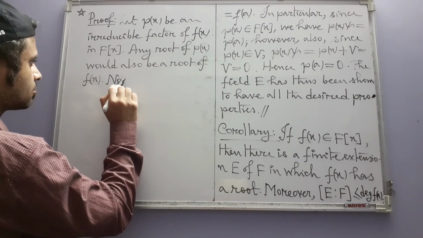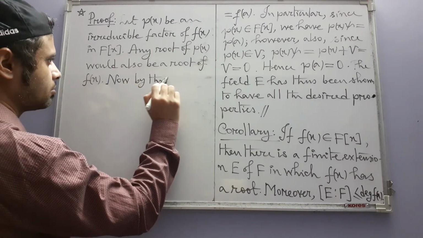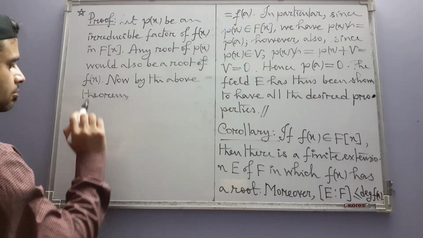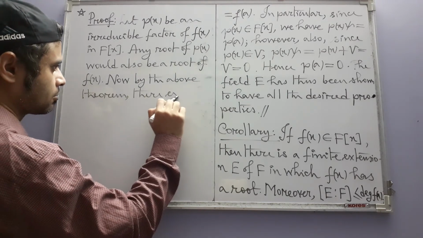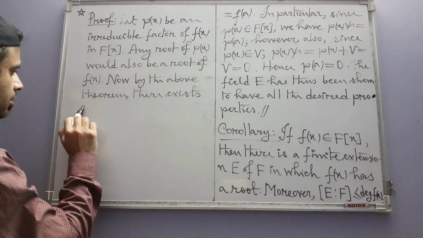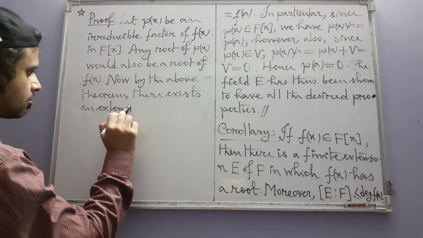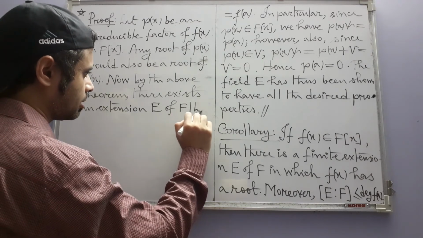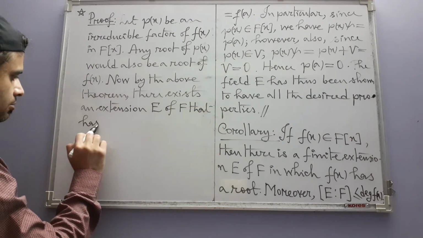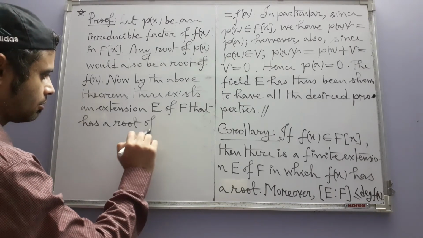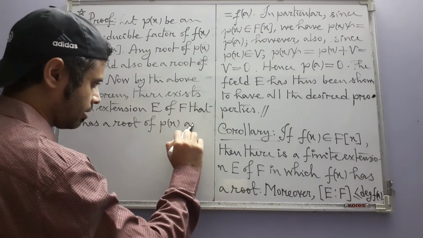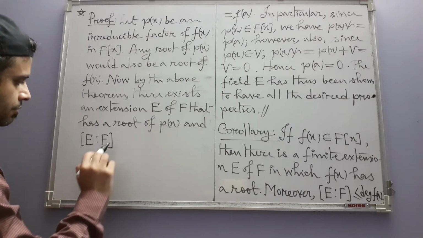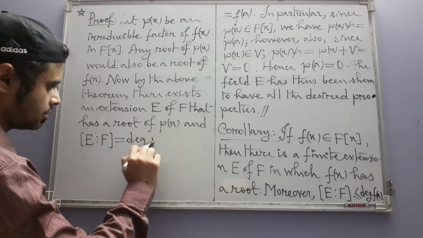Now, by the above theorem, there exists an extension E of F that has a root of p of x, and the degree of this extension is equal to the degree of p of x.